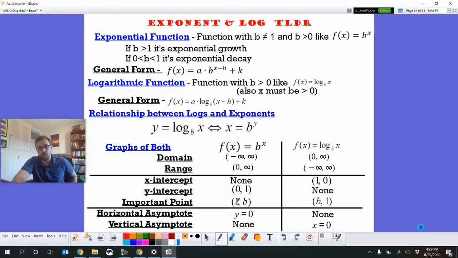Make sure you graph 1 and the base when you're graphing an exponential, and the base and 1 when you're graphing a logarithm. It makes it so you care about the intercepts and you care about that point. That's about all. So that's it for our introductions to exponentials and logarithms. Next time, we're going to do some more solving as well as some more properties with logs.